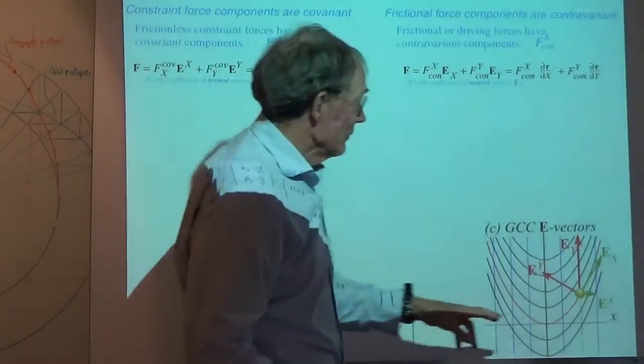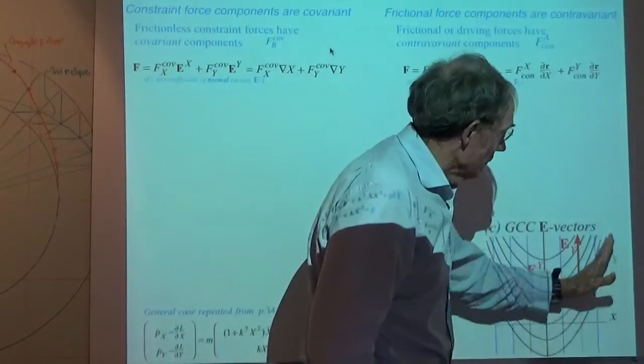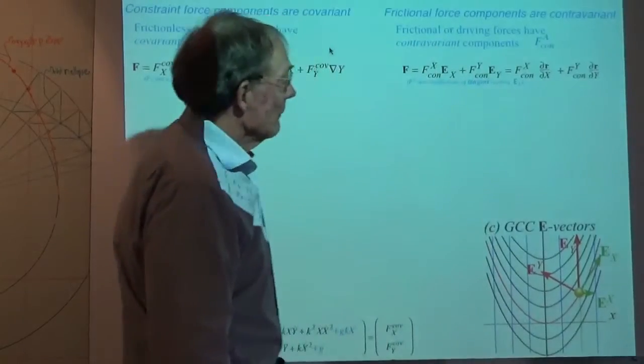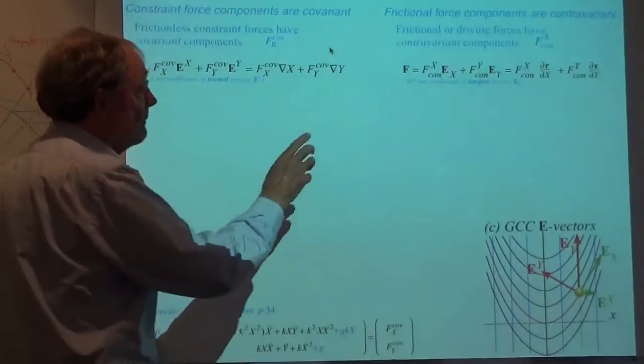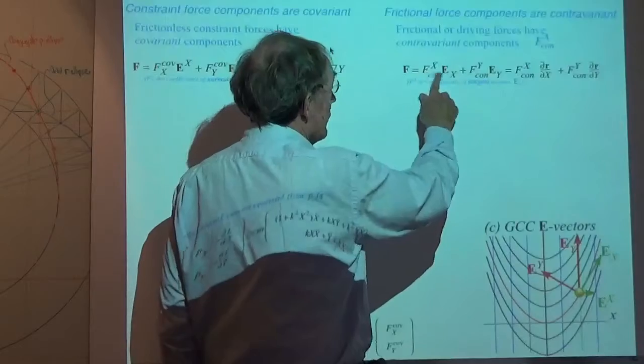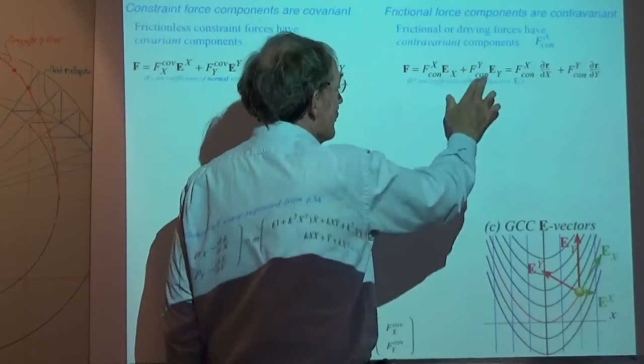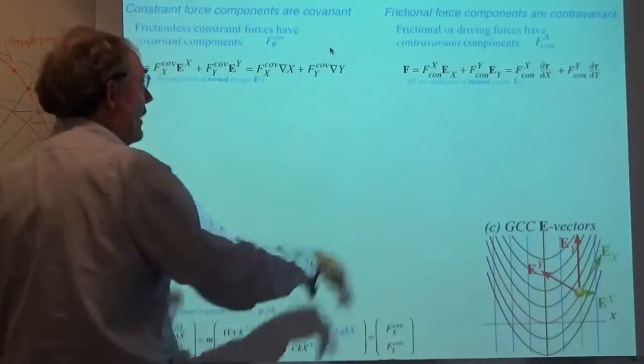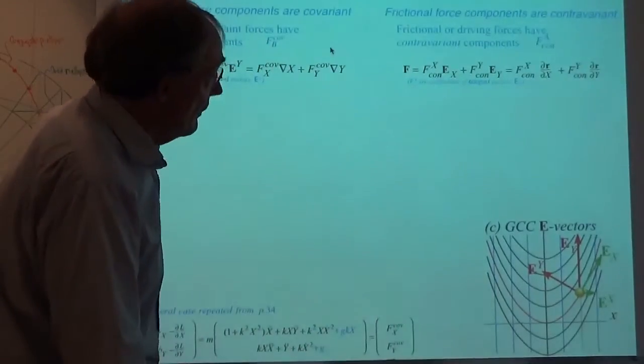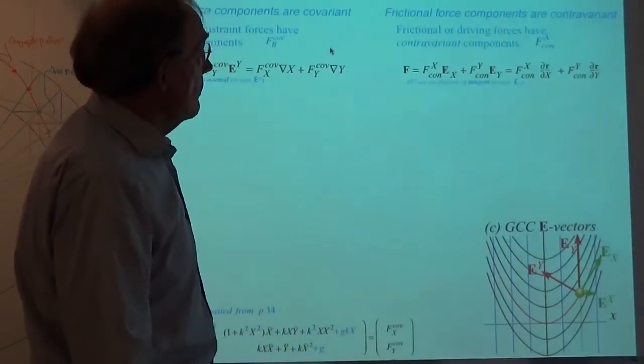This one tangent to the x coordinate, this one tangent to this uppercase y coordinate. So these coefficients right here, I'm putting CON just to remind you that these are the other guys, the contras, that we'll be working with.